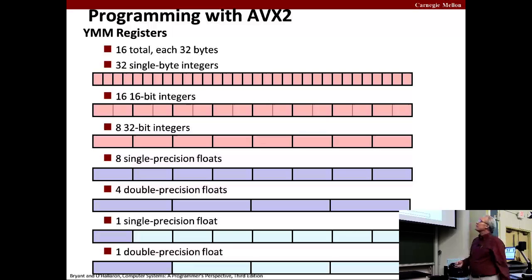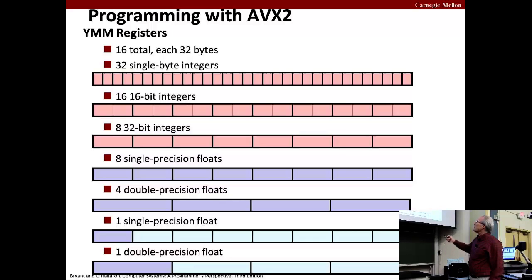In particular, these registers are 32 bytes long. And there's a new version coming out within a year or so, called AVX 512, where the register is 512 bits. No, excuse me, that's 64 bytes, so it'll be twice as big as these.